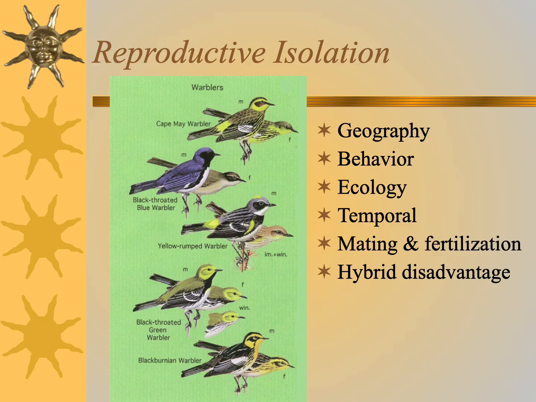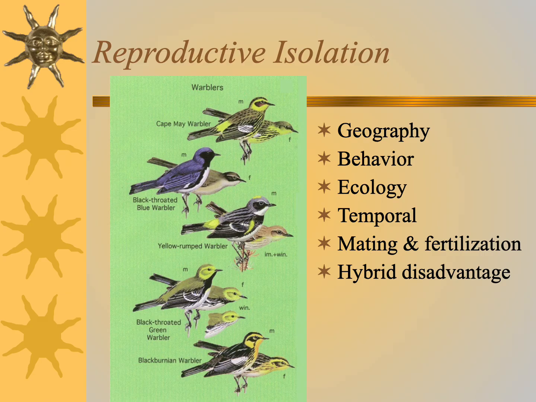So a number of individuals get isolated, maybe on an island surrounded by water, or maybe in a patch of habitat surrounded by different kinds of habitats. But that's pretty typical, is geographic isolation. We think it's the most important thing, and that's why Darwin and Wallace both noticed islands have unusual species.